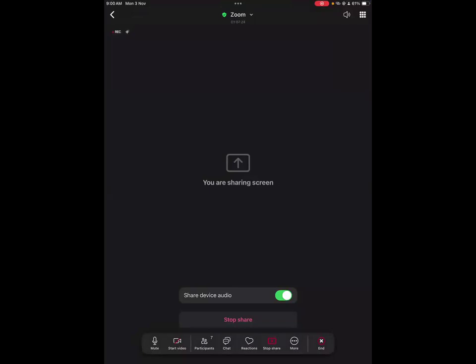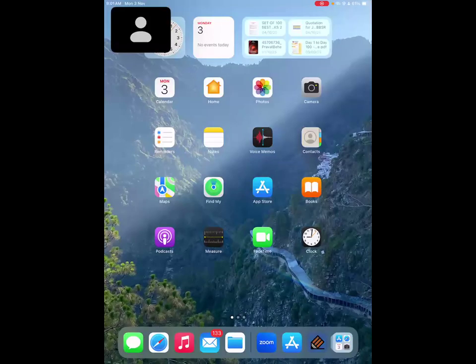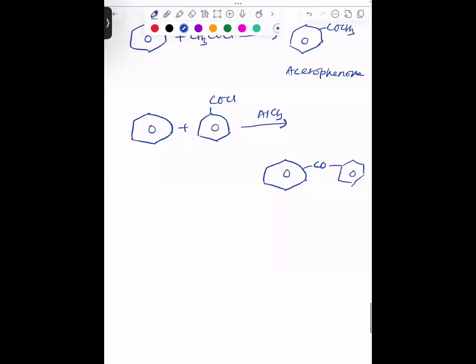So in the first session, we have discussed the methods to prepare aldehyde and ketone. We'll discuss one more method to prepare carbonyl compounds.